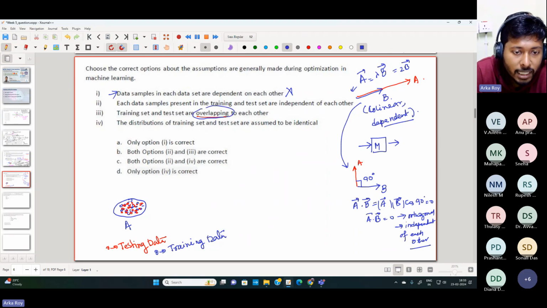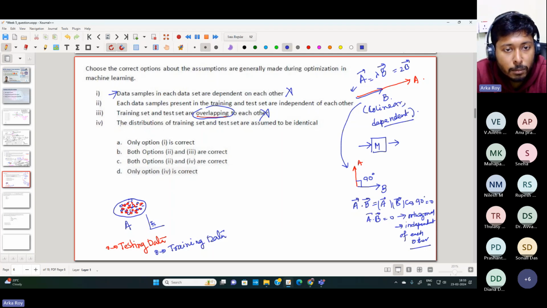That means they are coming from the same data distribution. Whatever data is there in the training data set, you are getting the same thing at the testing data. So while training the model, you are able to classify it. Now the same data comes at the testing data, and again you get it classified accurately. But there is no novelty in this particular case. So this assumption is also wrong.